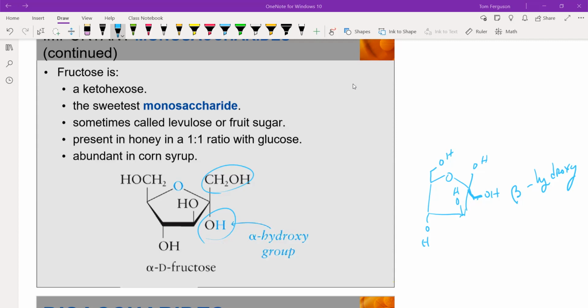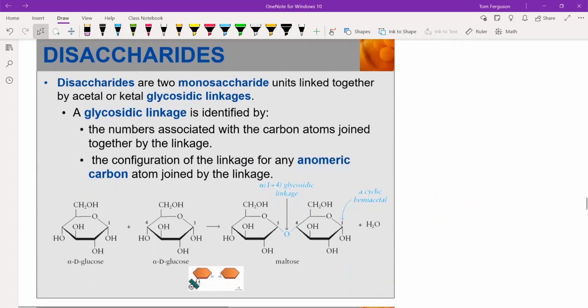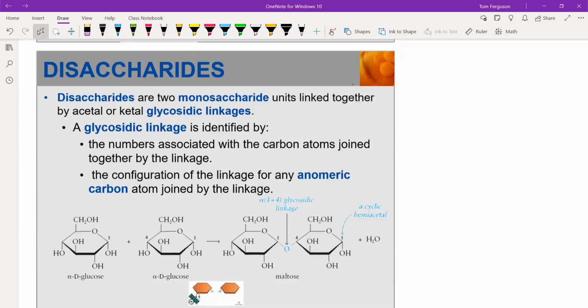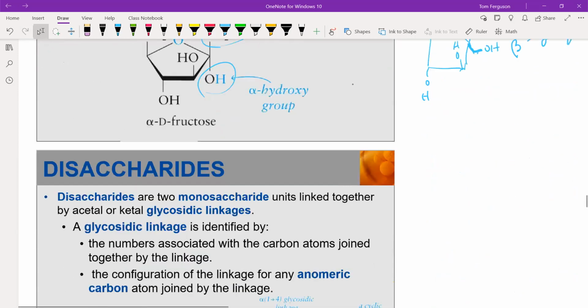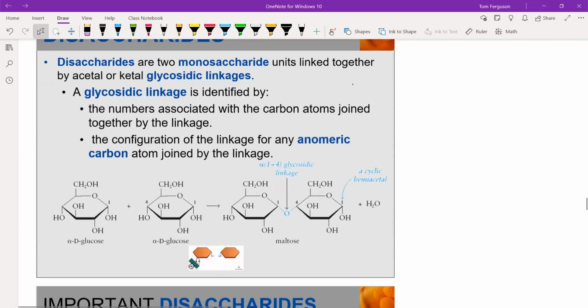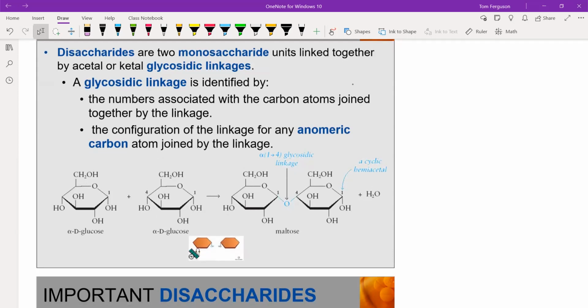Okay, so another one you have to learn is fructose, both the alpha and beta. All right, now disaccharides. Disaccharides are two of these combinations up here. Once we start combining monosaccharides, we have a linkage, as I mentioned before.